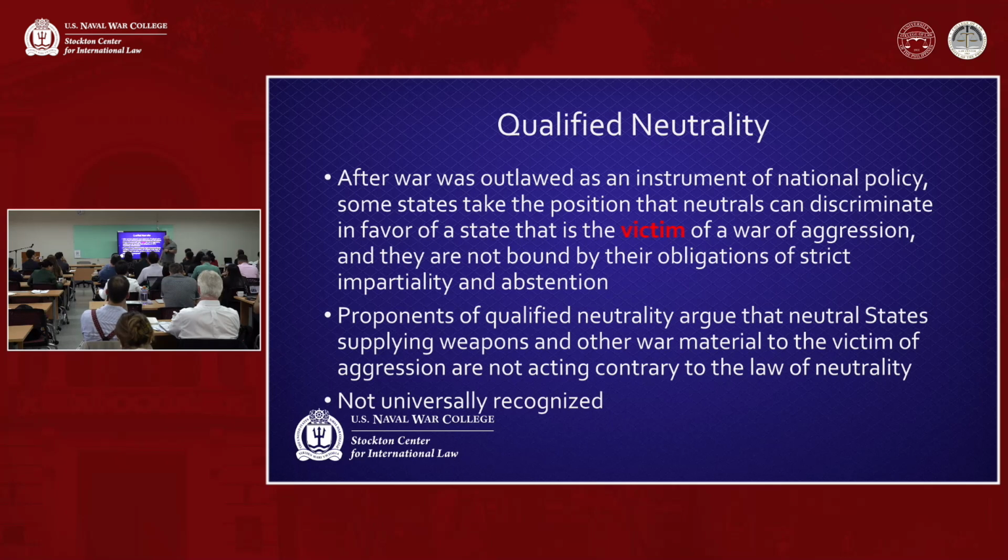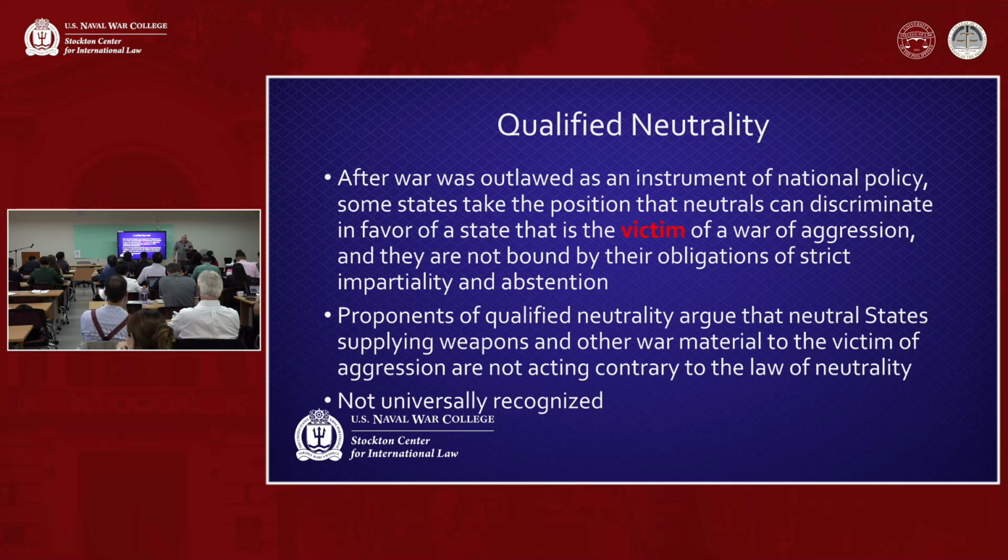After World War I, there was a movement to outlaw war as a matter of national policy, things like the Kellogg-Briand Pact, the League of Nations, things of that nature. And the question then becomes, in that situation, some states have taken the position that a neutral can discriminate in favor of the victim state.